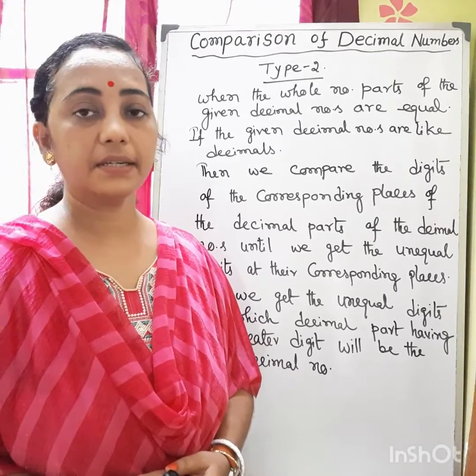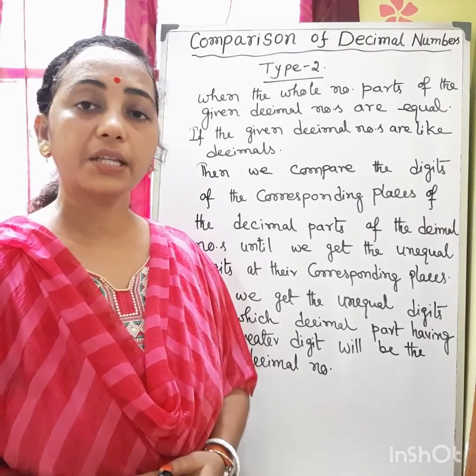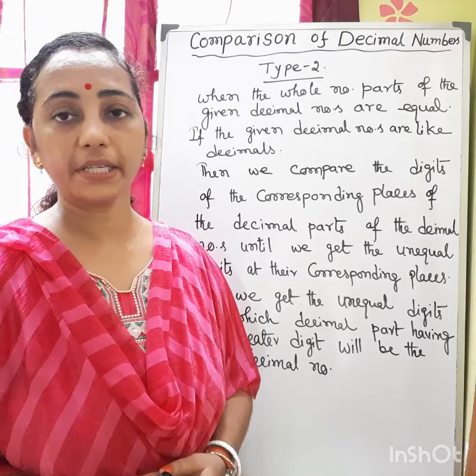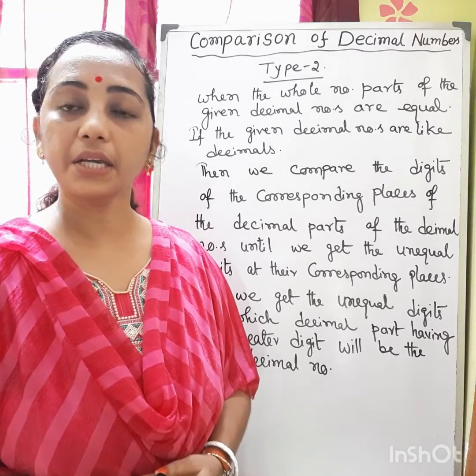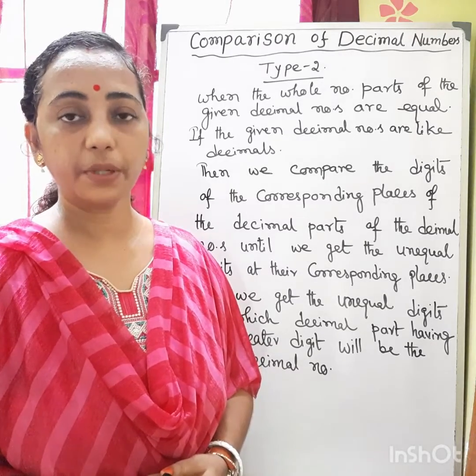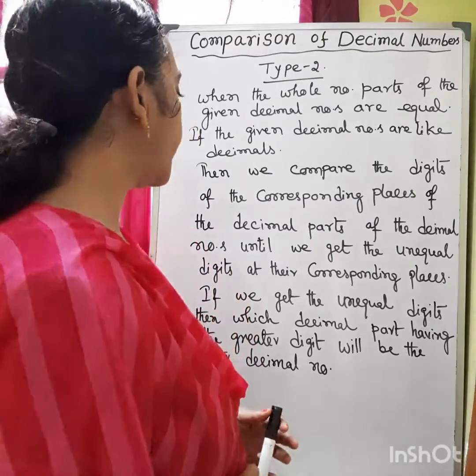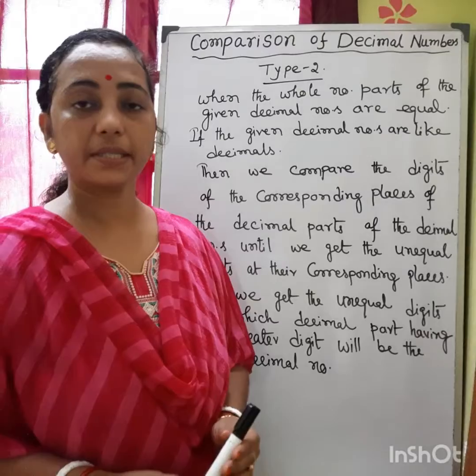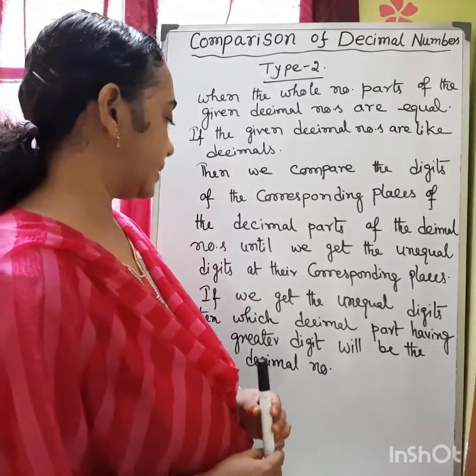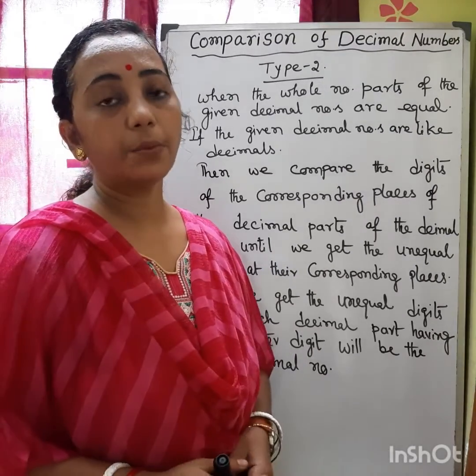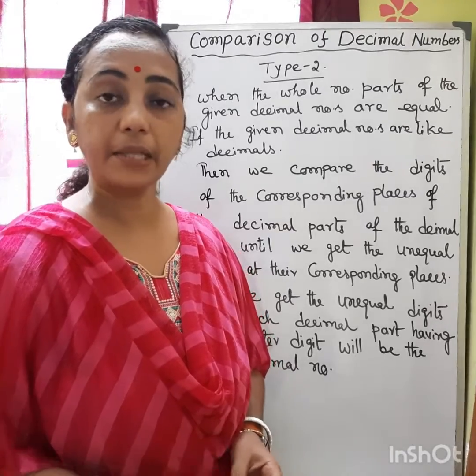Now let us consider the second type, where the whole number parts of the given decimal numbers are equal and the given decimal numbers are also like decimals. In this case we compare the digits at the corresponding places of the decimal parts. For example, we first compare the digits at the tens places.